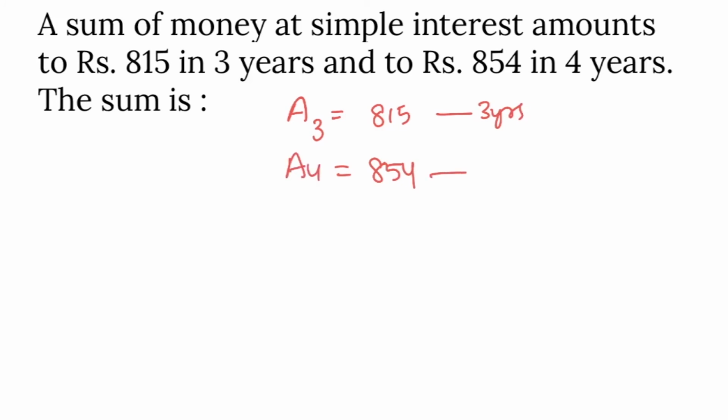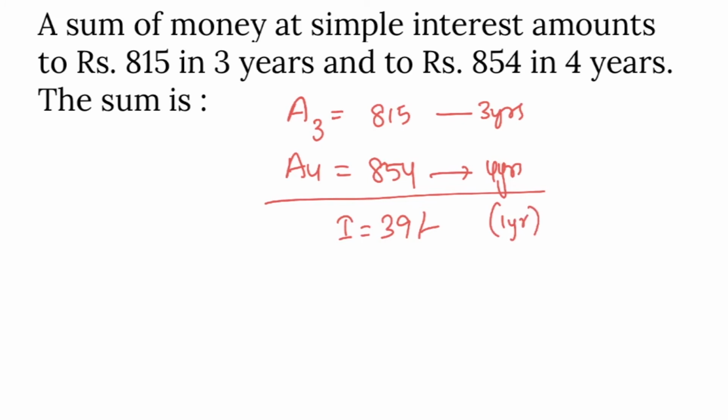So in between this 1 year, how much extra value is obtained? 39 rupees. Interest is 39 rupees each year. And the requirement is the sum borrowed. Right? Principal is required. How will you find the principal?